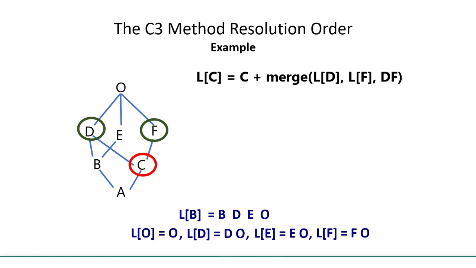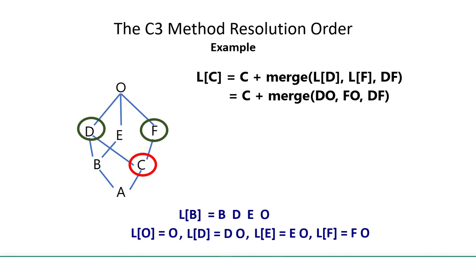And we know that class D and F are the parents of class C. So we have the merge of the linearization of class D, followed by the linearization of class F, and the list D and F. Now let's try to find the merge value of class D and class F's linearization along with the list D and F. We know that the linearization of D is DO and the linearization of F is FO, and we have the final list DF.